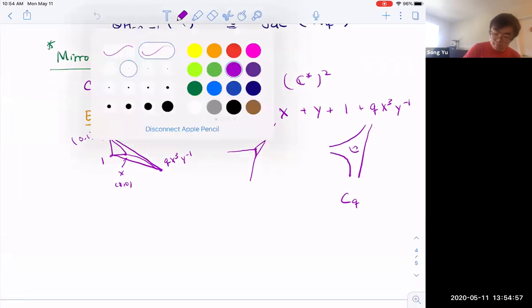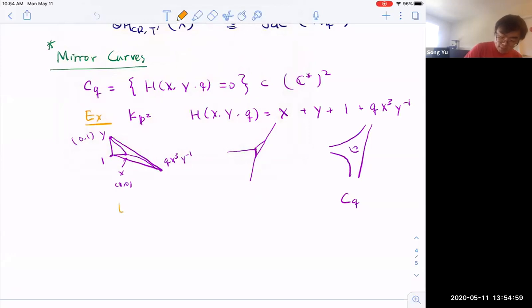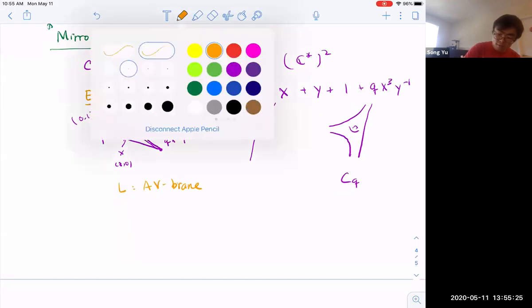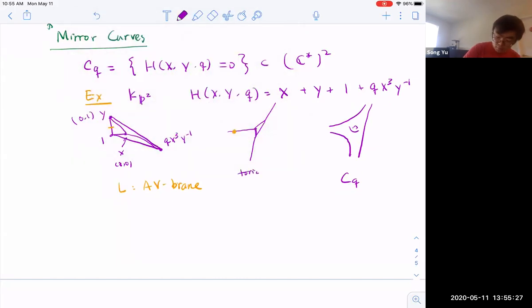So if I take an Aganagic-Vafa brane L, on X it will intersect a unique torus invariant line which corresponds to a 2-cone in the fan. So maybe I put L here. And as I said earlier, the image of L under the moment map will be a single point on the toric graph. So this is the toric graph, and this is the fan.